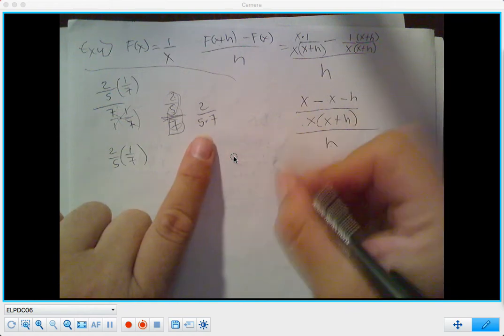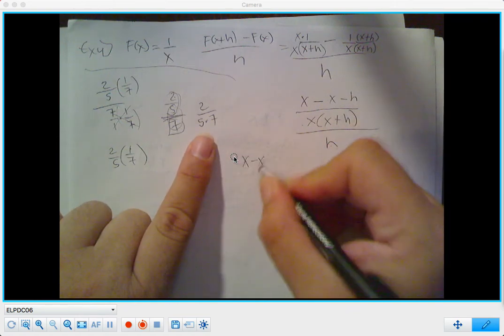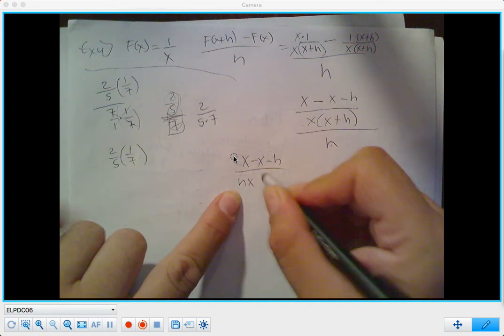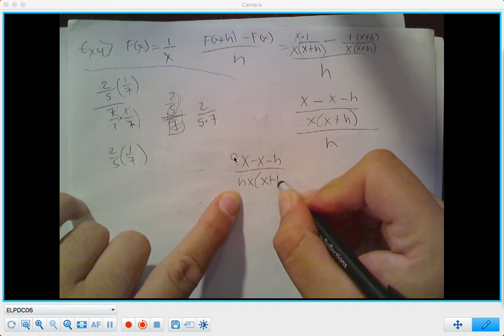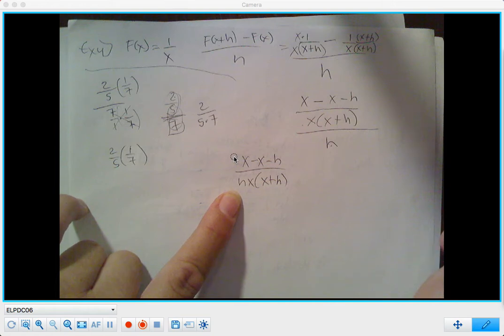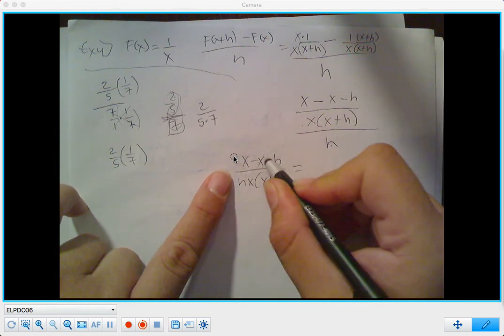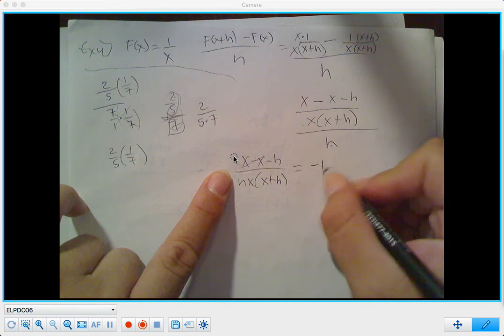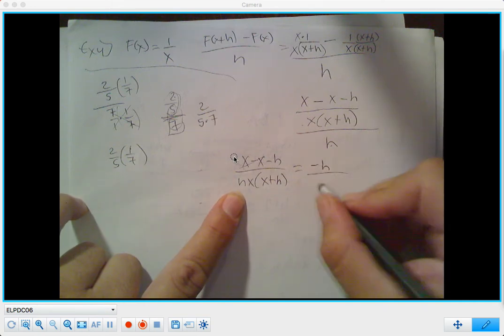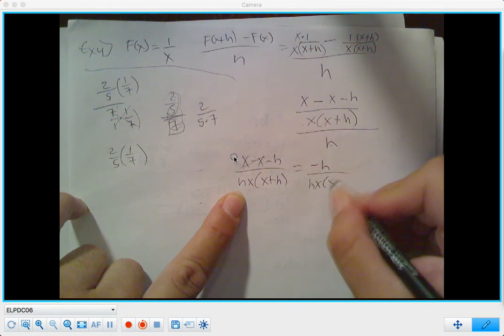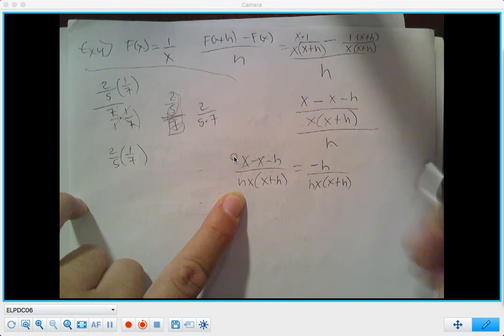So this is going to become x minus x plus h. Let's see what happens here. x minus x, that gives us negative h. And then I have h times x plus h.